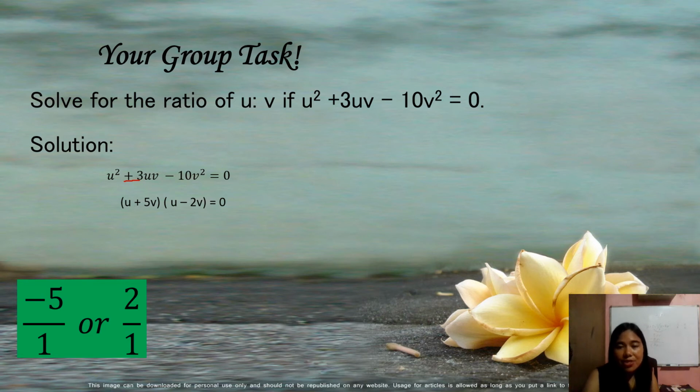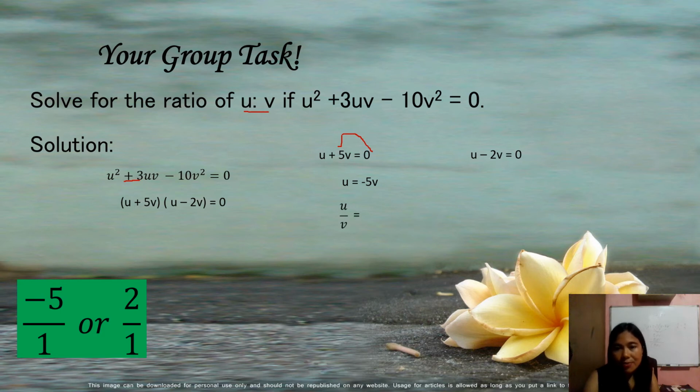And then by the zero product property, equate each factor to 0. Then let's proceed with this first factor. So transposing 5 to the other side will give us u equals negative 5v. Now, since we'll be looking for the ratio of u to v, we can divide both by v.